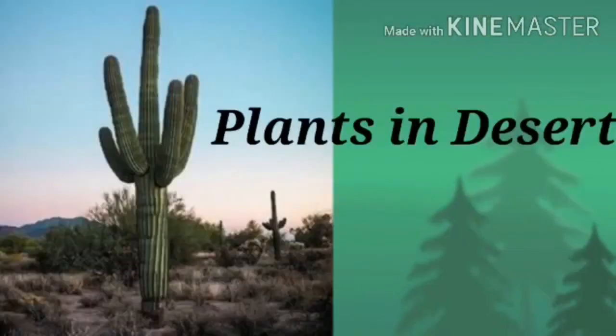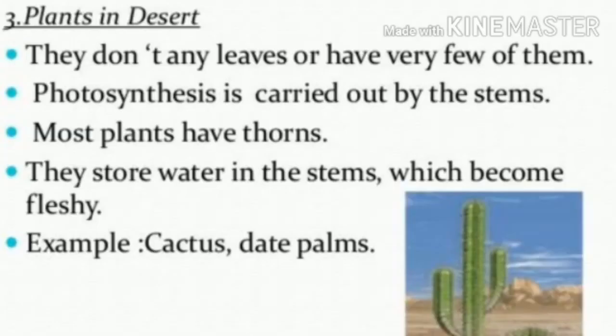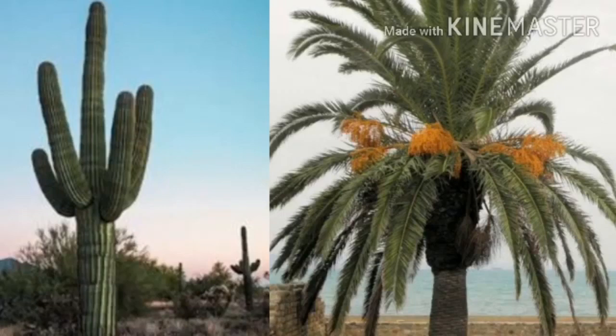3. Plants in desert. In desert, there is very little rainfall, the climate is very hot, and the soil is sandy. Yet, some plants like cactus and date palms have adapted themselves to survive in these conditions.